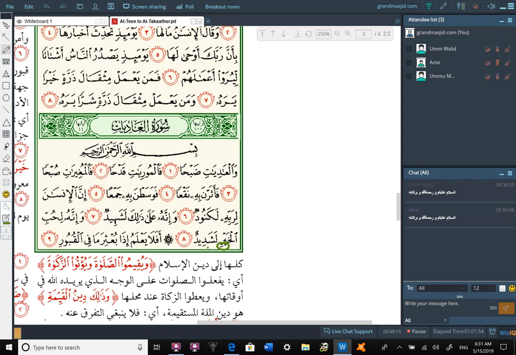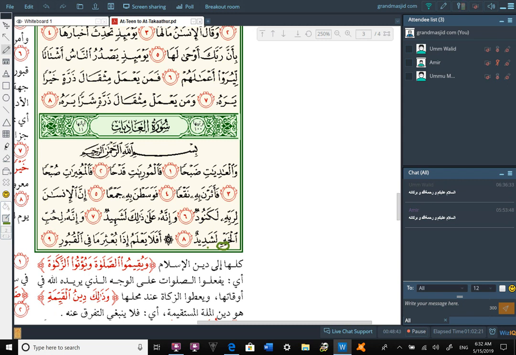He is shadid. He is extreme. He is intense. He is extreme in his love of good, meaning the love of the dunya. It doesn't mean the love of the good of the hereafter. Here it means hubbul khair, meaning to have nice horses and fancy houses and lots of wives and all of these things.